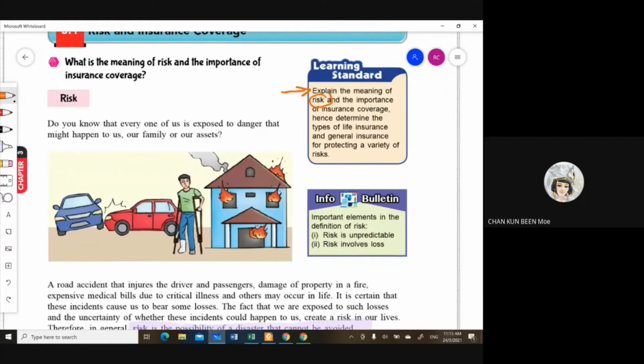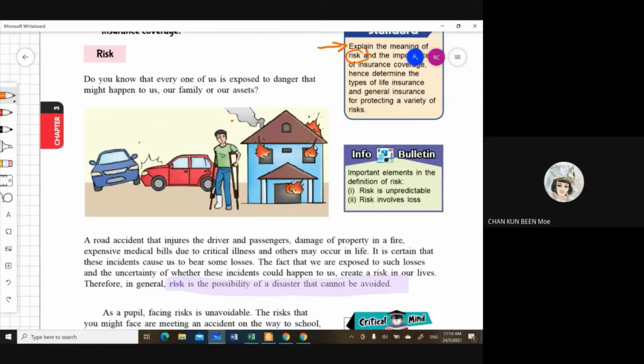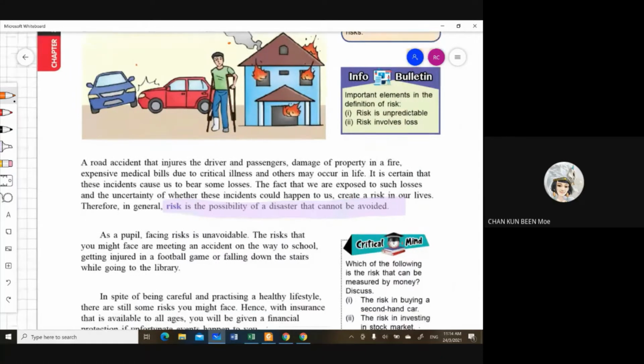Okay, now look at this part here. This is a picture. A car collides with another one, and then this person has a broken leg, and then this one, the house is on fire. So do you know that every one of us is exposed to danger that might happen to us, our family, or our asset? This can happen anytime. Okay, now we look at what is given down here.